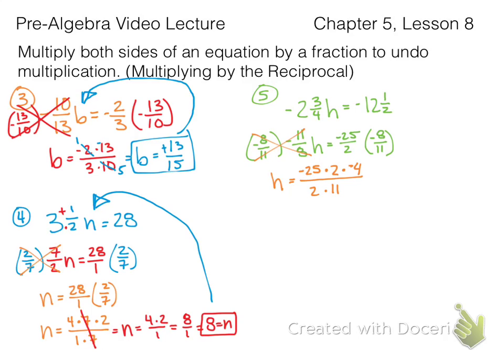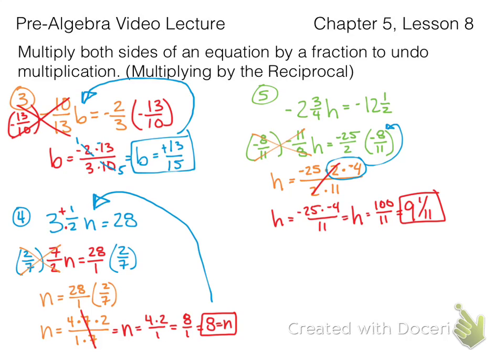We end up with -25 times 2 times -4, and that's because 2 times -4 is -8. I'm just doing this so that you can see the 2's cancel out, and then you get -25 times -4, which is positive 100 over 11. 11 goes into 100 9 times with 1 left over, because 9 times 11 is 99, which is 1 away from 100. So there you have 9 and 1/11.